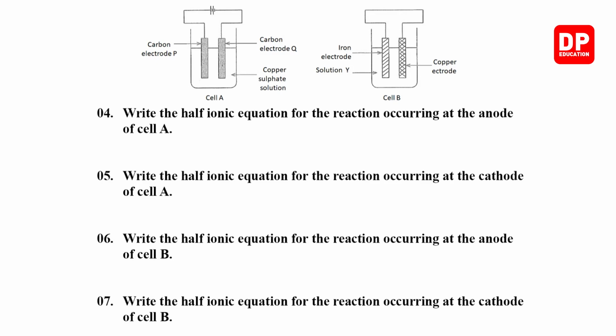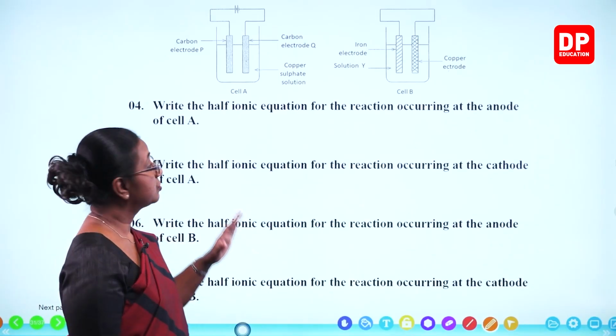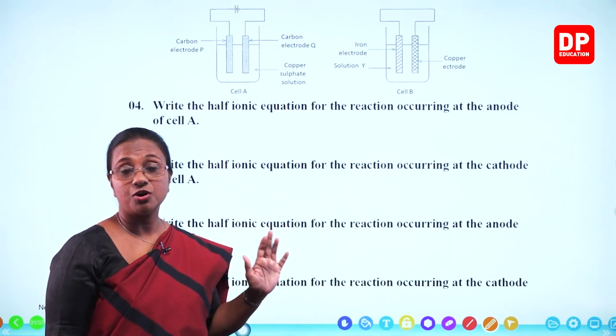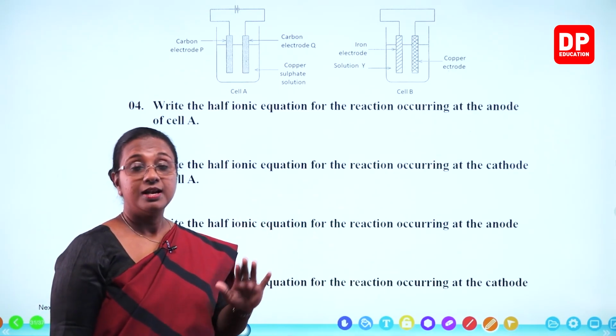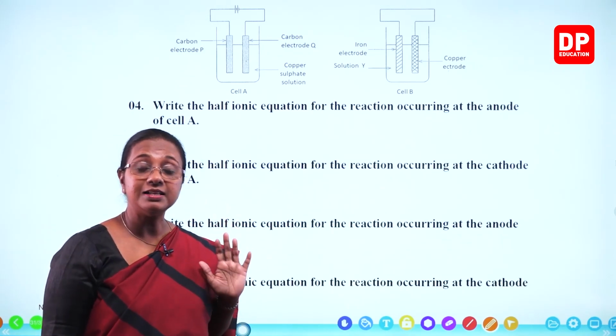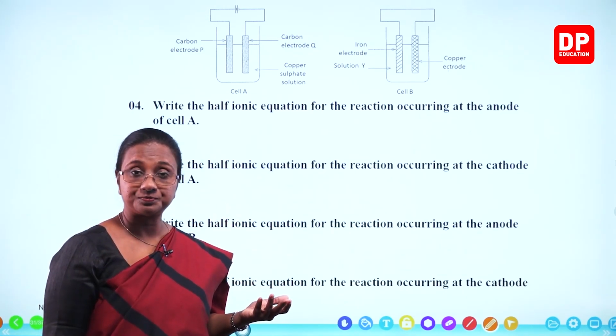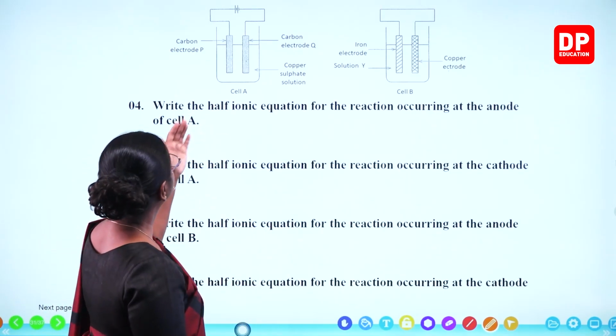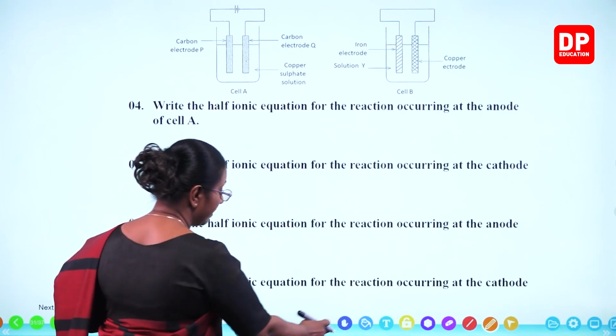You can see the same diagram there. Then the fourth part, write the half ionic equation for the reaction occurring at the anode of cell A. So reduction occurs at the cathode, oxidation occurs at the anode. Now here, if it is an electrolytic cell, what is the ion that undergoes oxidation? It is the negative ion. Negative ions get attracted to the positive electrode.